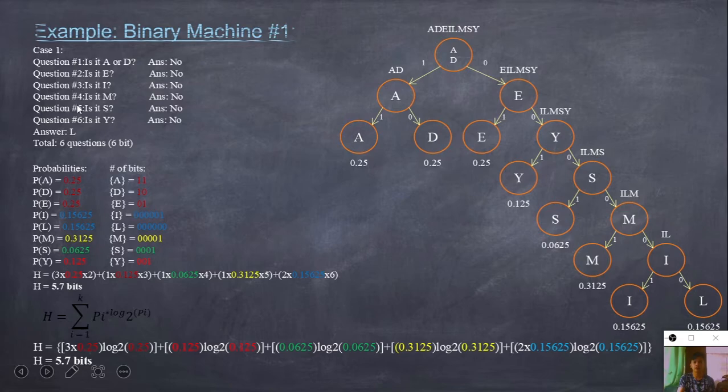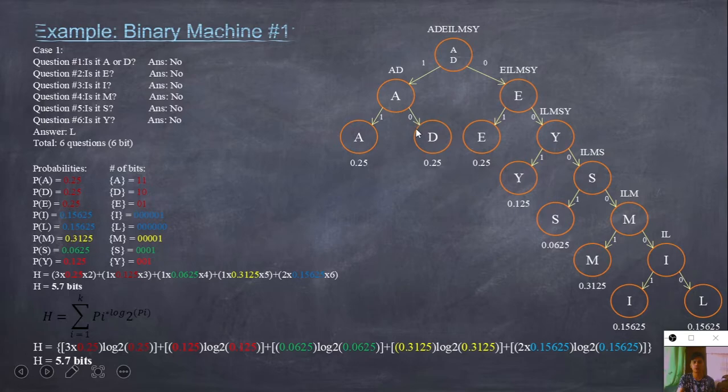So there are 6 questions in total, and 6 questions is equal to 6 bits. As we look at the binary machine, we use this variable first. For AD, we'll use A. If yes, A is predicted as 1.